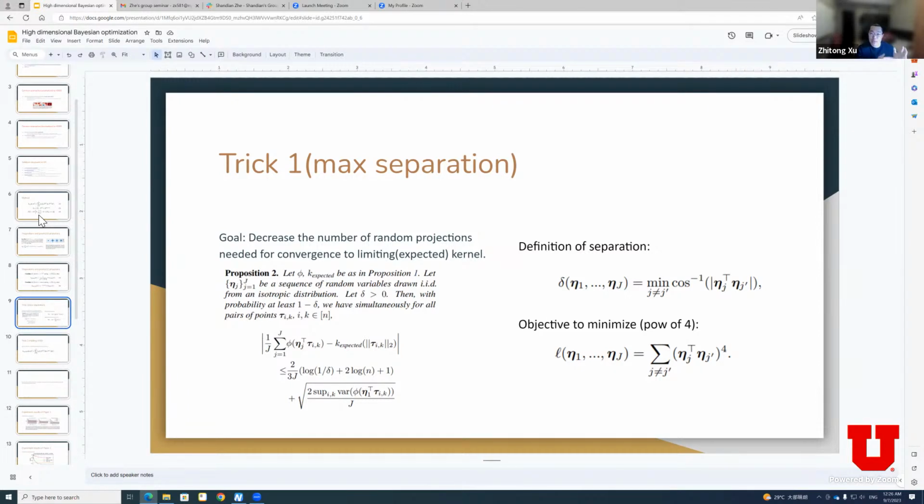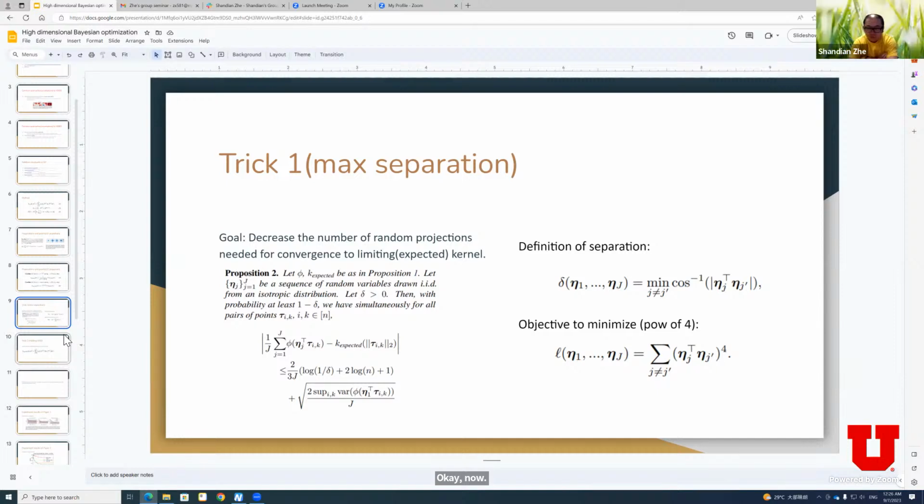Then we don't have so many orthogonal bases. Okay. I remember there's something where we can sample a series of random projections that are orthogonal to each other. Okay, never mind. I see.